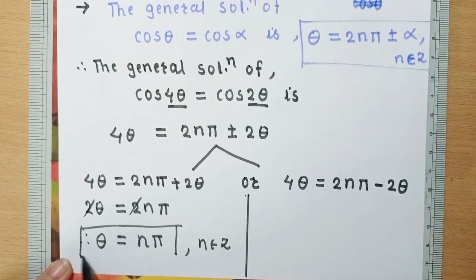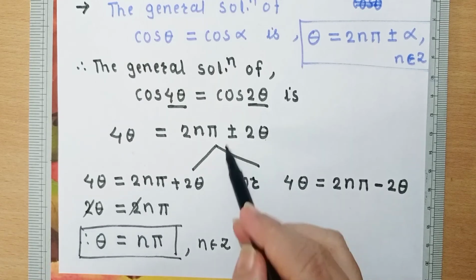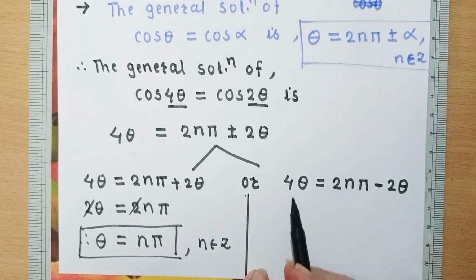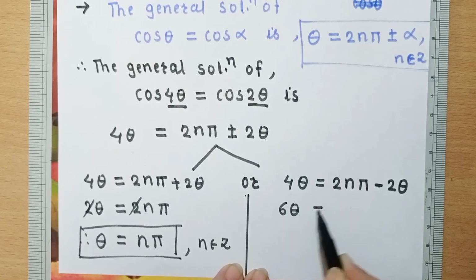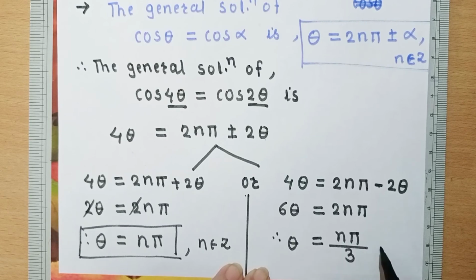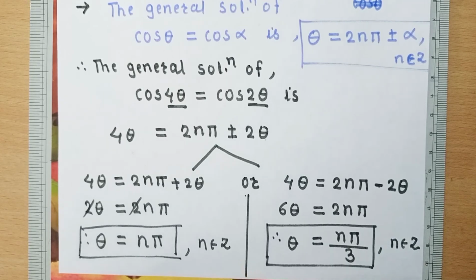This is the first solution. Or if we take the minus sign, then this minus will become plus, so 4 theta plus 2 theta is 6 theta equal to 2n pi, then move this 6 that side, and therefore the final solution is theta is equal to n pi by 3, where n belongs to z. So these are the two general solutions of the given example.